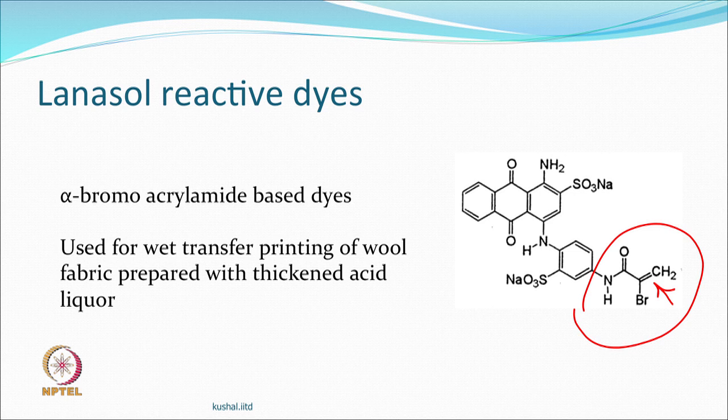So, wool people like this dye more, which is the acrylamide dyes, which have this type of a reactive group, which has got a possibility, there is a double bond here. So, there is a possibility that you can react from here.